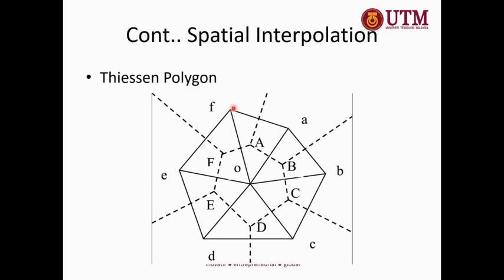From the Voronoi they make some lines or calculation, and then from there we can get, for example, this one is 0, this one is 10. So we make some assumption about the height over there. Maybe this one is 1, 2, 3, 4, 5, 6, 7, 8, 9, 10. So this is the Thiessen polygon.